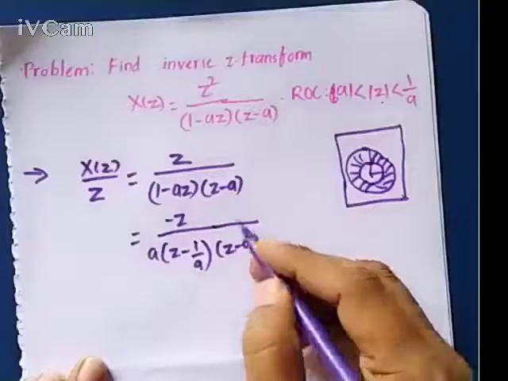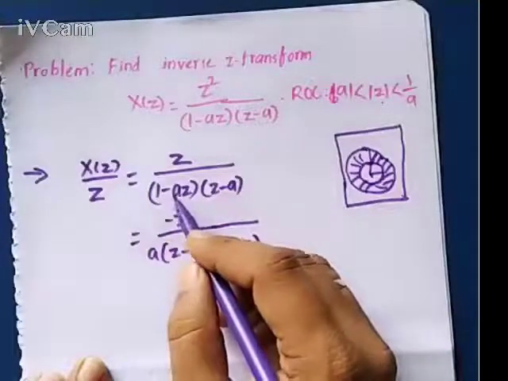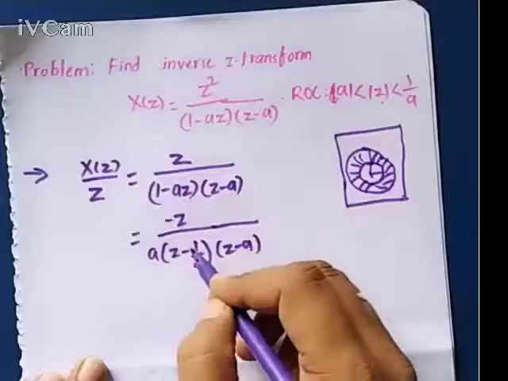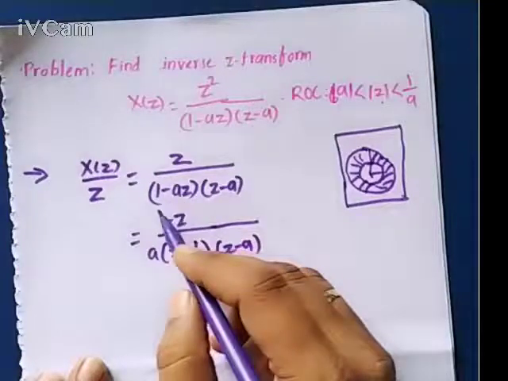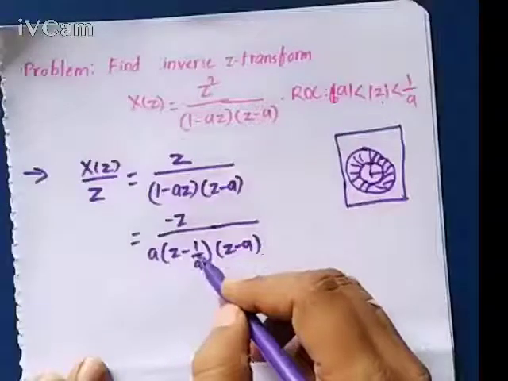What I have done is taken the minus outside so that the z term becomes positive and the constant term becomes negative, and along with that there is az here, so I have divided by a. I have taken a common, so that's why it is z minus 1 by a.